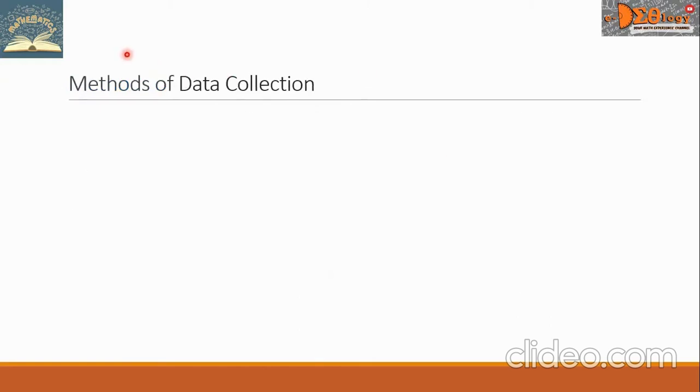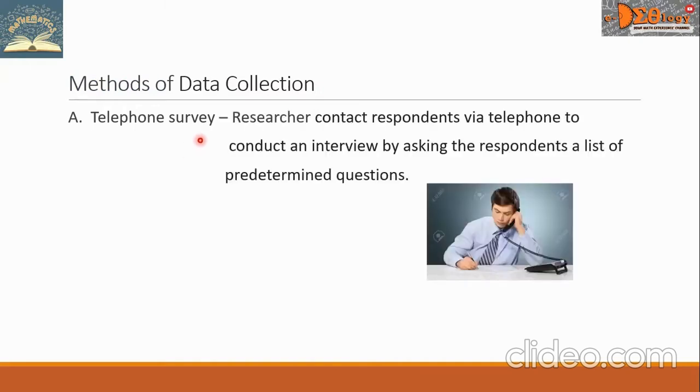Let's go now to methods of data collection. The first method is telephone survey. Here, researchers contact respondents via telephone to conduct an interview by asking the respondents a list of predetermined questions.